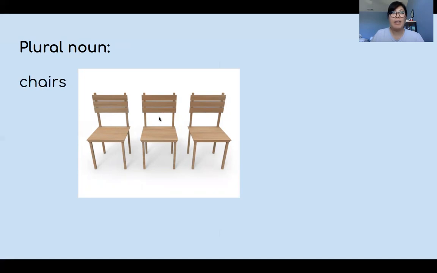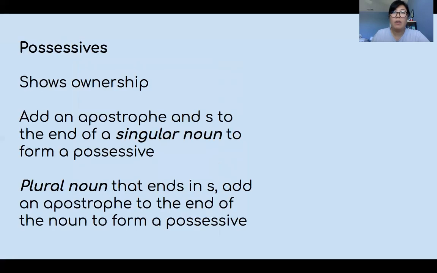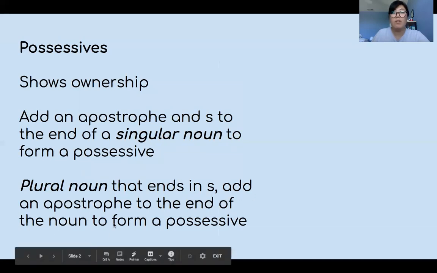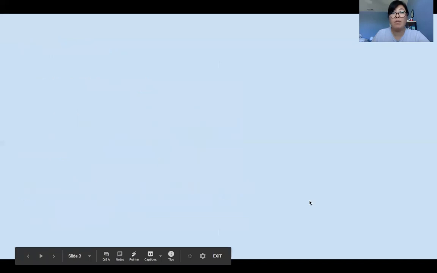Then we add the s at the end. Let's go back to our definition again, or how you use possessives. In order for you to show ownership of what belongs to what, you need to add an apostrophe and s to the end of a singular noun to form a possessive. However, only if the plural noun ends with an s, you need to add an apostrophe to the end of the noun to form a possessive.